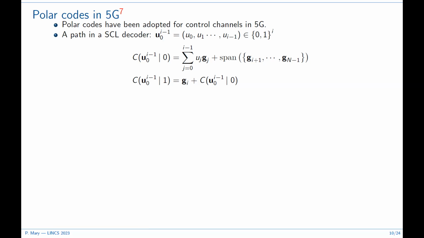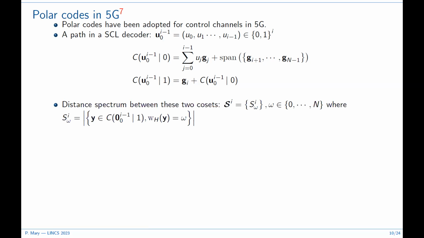The former is called coset 0, and the latter is called coset 1, where g_j is the j-th row of the polarization matrix. So what is important is the distance spectrum between these cosets. The distance spectrum between these cosets controls the performance of the successive cancellation list decoder.